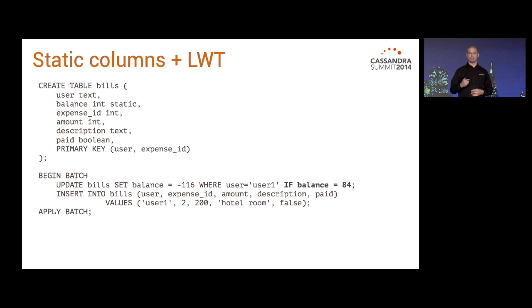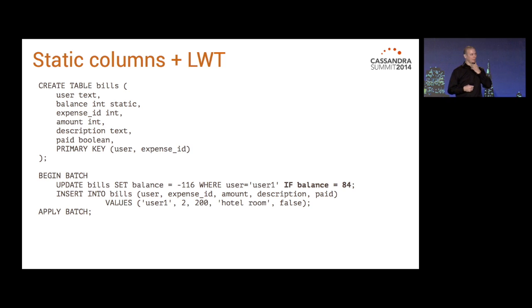And so what I can do with this is I can atomically update my balance at the same time as I'm inserting a new bill. So what I'm going to do is I'm going to insert a new bill here for $200, and at the same time I'm going to reduce the balance by 200. In this case, this poor fellow's overdrawn.